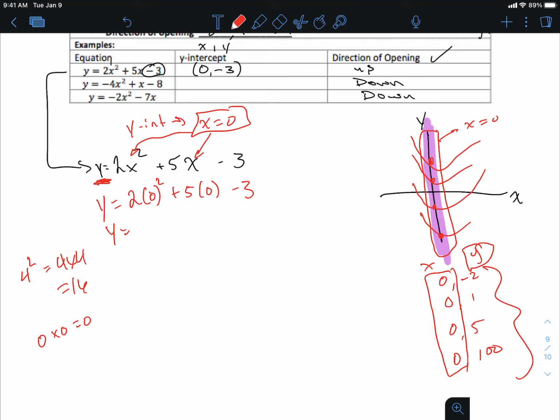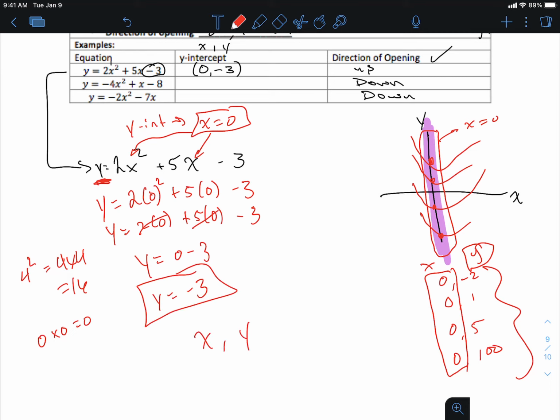Well, 2 times 0 is 0, plus 5 times 0 is 0, minus 3. So our answer is y equals 0 minus 3. That's how we arrive at the point (0, -3). That's why this works.